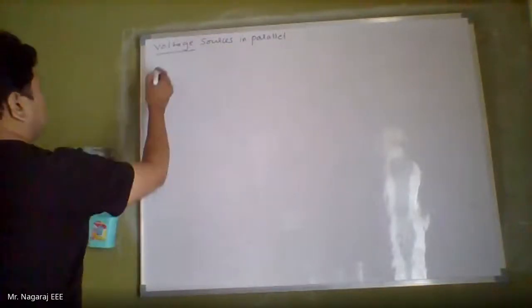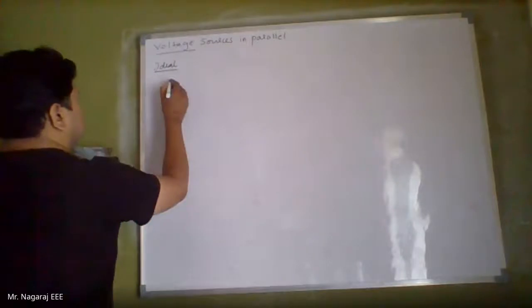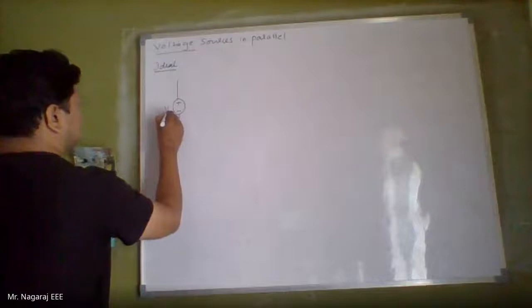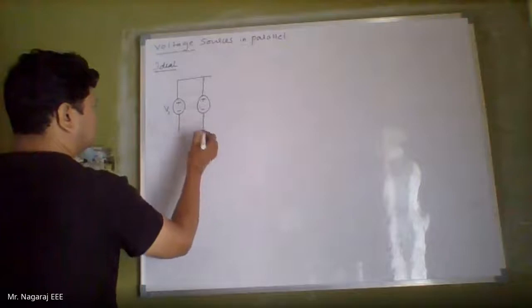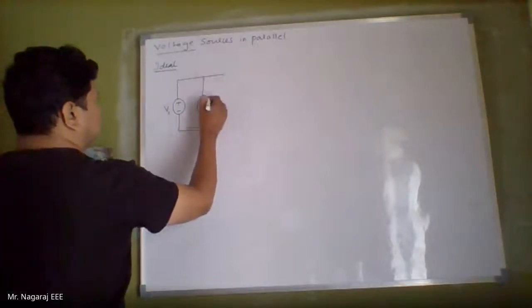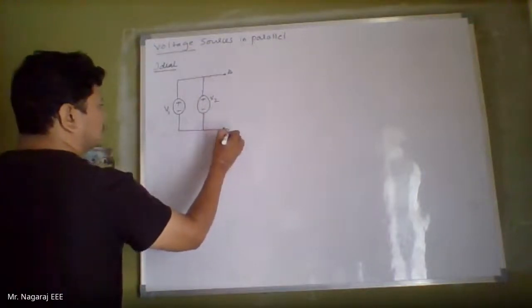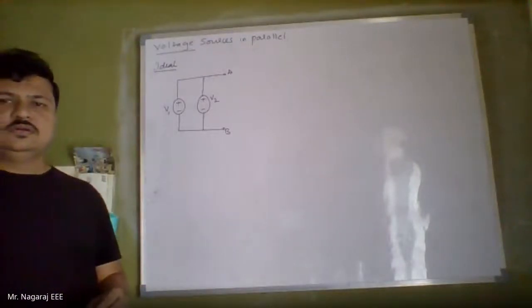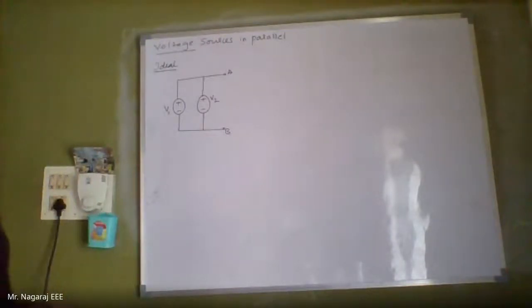Voltage sources in parallel. First is the ideal case. Okay. Now we know that when there is a parallel circuit, the voltage across each branch will remain the same.